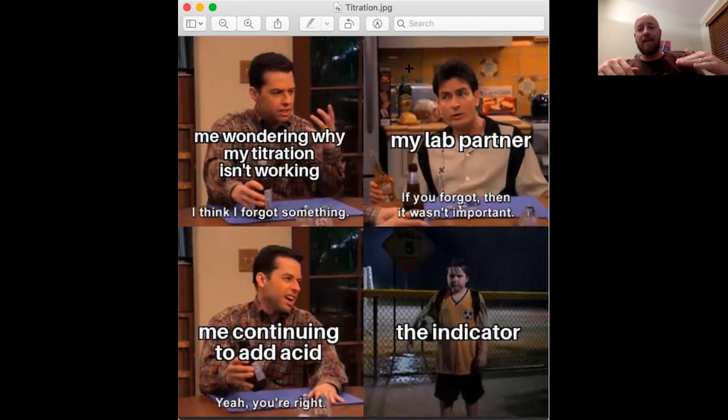You have an acid at a low pH, and as you add the hydroxide, the pH starts to go up, and when it hits the neutralization point, you have a stronger pH change, and so it changes color. If you forget that indicator, then you're just sitting there titrating, and your pH is just going up, and you're adding straight base and you don't see anything. After you've added the whole burette, everybody's like, I didn't see anything. It's like, well, did you put the indicator in there? People often forget to put the indicator in there. So, unfortunately, I didn't get to use my meme for the lab.